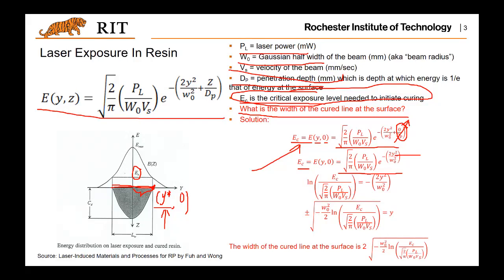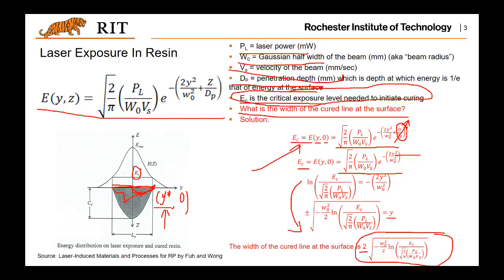So after some calculation, you will have y to be this. But that's only a half width, right? For the whole width of this cured line, you need to have it doubled. And that's the final solution for the width of the cured line at the surface, right?